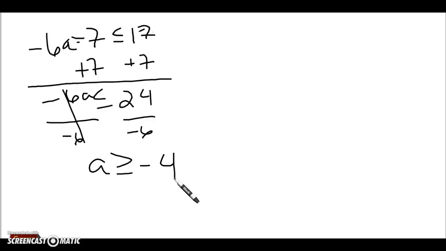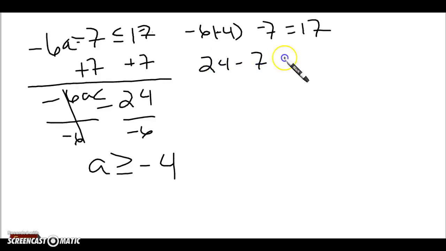So if I check it, which they asked me to do, first I check negative 4, my endpoint, so I have negative 6 times negative 4 minus 7 equals 17. So I get positive 24 minus 7. Does that equal 17? It surely does. So that checks out.